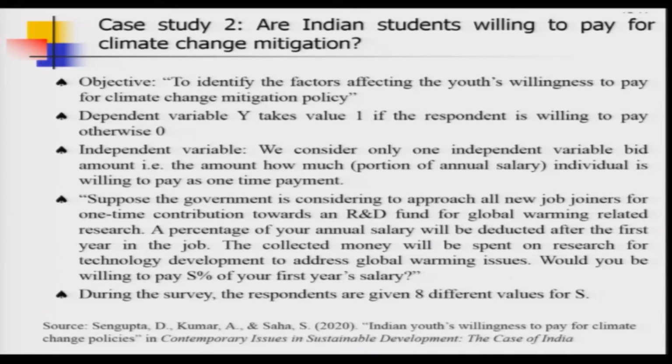So, here we are talking about only one explanatory variable, and now let us look at the question that was asked. I have shown you this question here. You see that the respondent was asked to part with S percentage of first year's salary, and there were 8 different values of S, the percentage of salary sacrifice asked of the respondent.